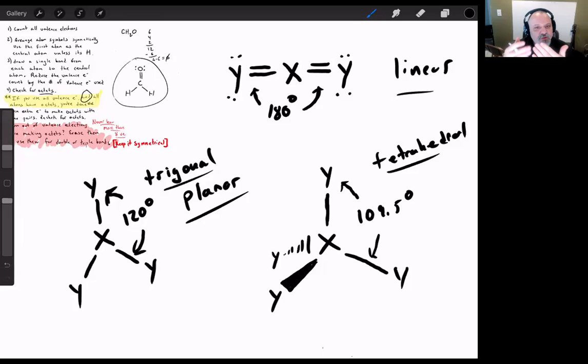And so if I give you a structure and I ask you what the bond angles are, then you have to decide what the parent electron geometry is. But once you know what the parent electron geometry is, then you know what the bond angles are. So in this case, still up here in the corner, we decided that the parent electron geometry was what?